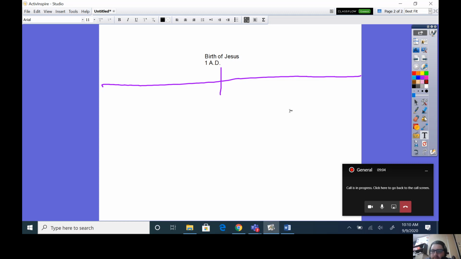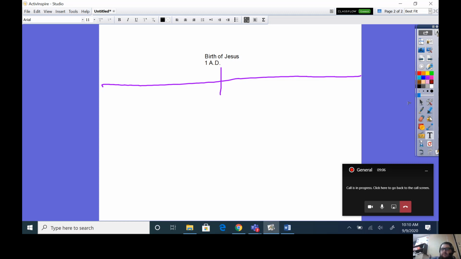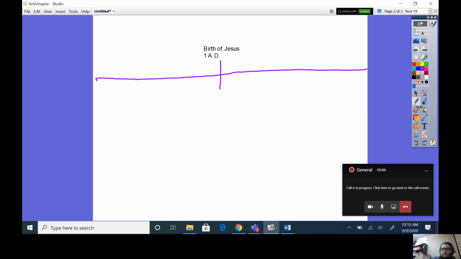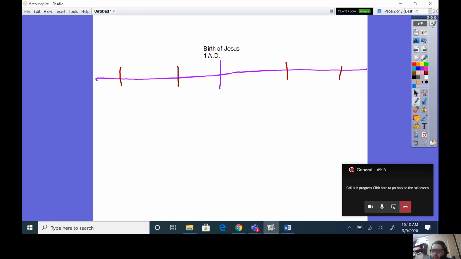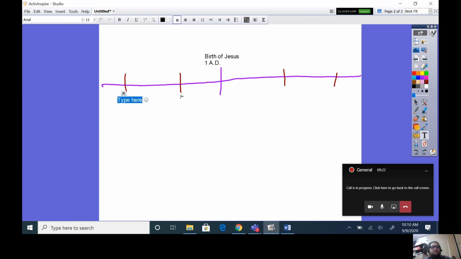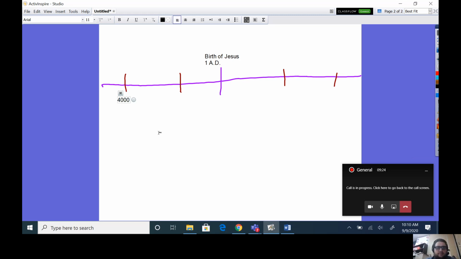So we have the birth of Jesus, and then we'll come in and we'll put a couple of points on our number line, or timeline rather. Sorry. So as we're working through, this is going to work similar to a number line. Let's just do this. We'll go 400.